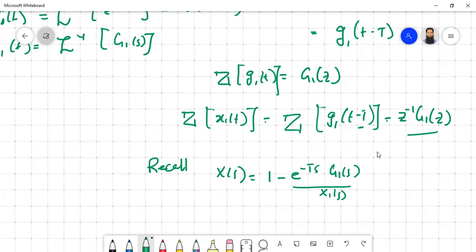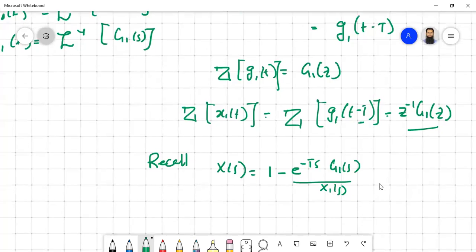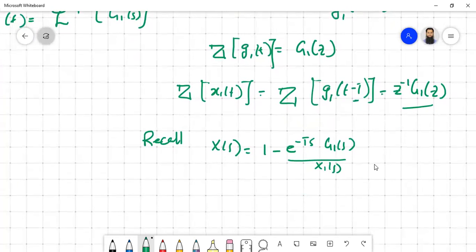We already found out what is X1(s), the z transformation of it. So whole z transformation of X, if you want to figure out, then we find that it will be the z transformation of G1(s) minus e to the power minus Ts G1(s).